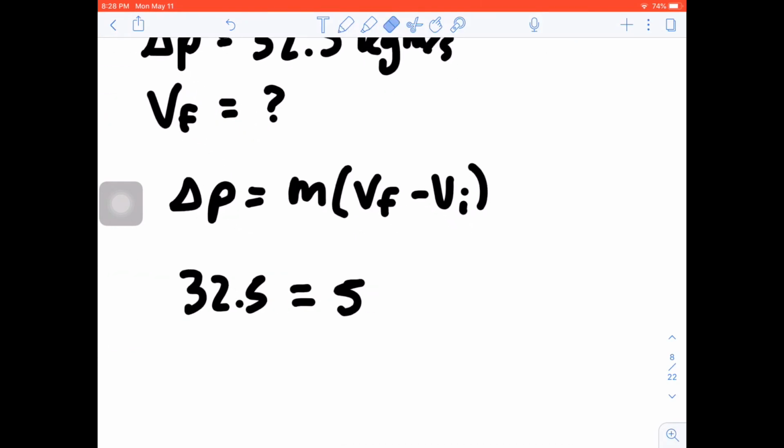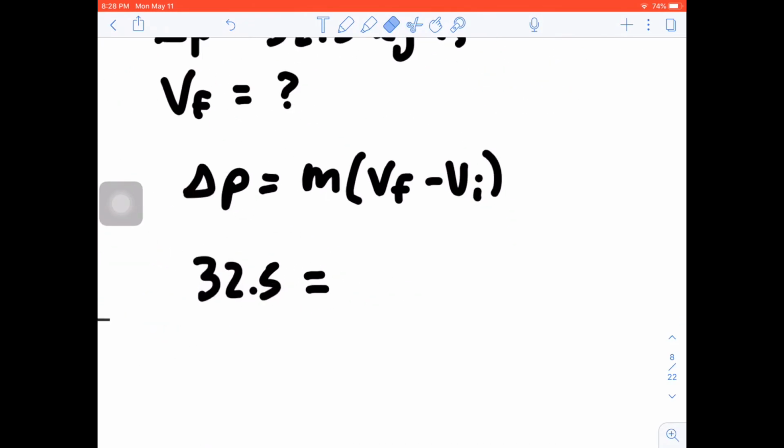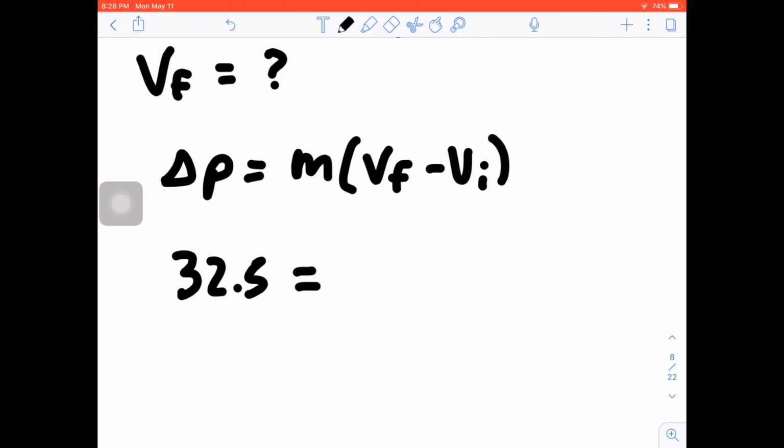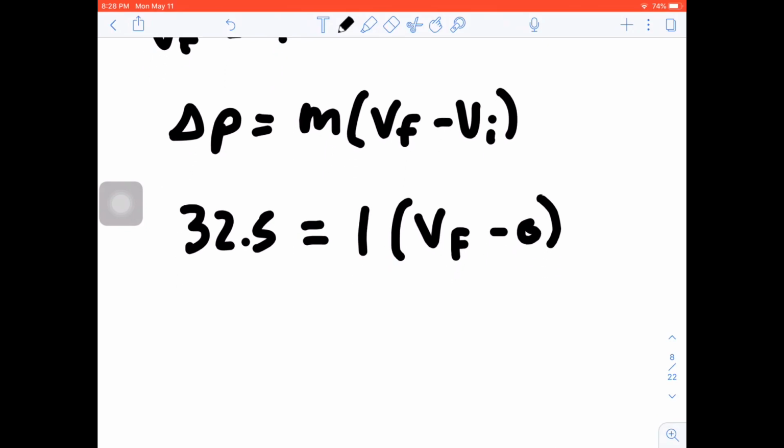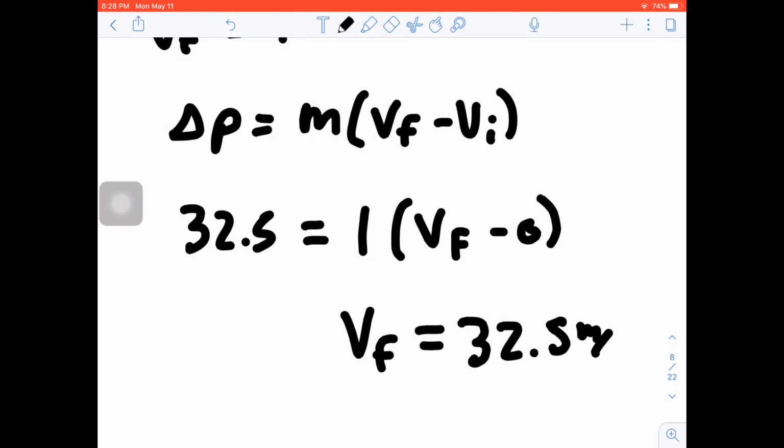Oh, that's easy. 1 kilogram and Vi was 0. Okay, then we don't have to do much thinking there, because then it's just Vf equals 32.5. And that's it. That's how we do these.